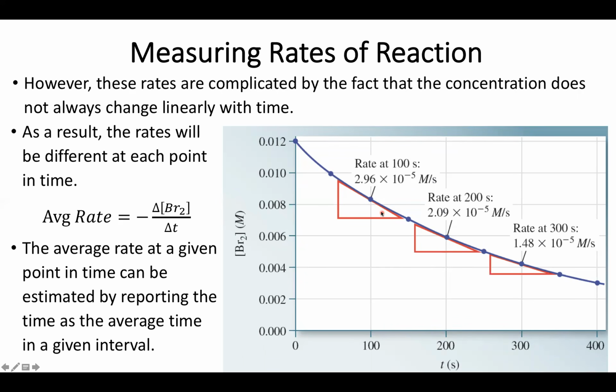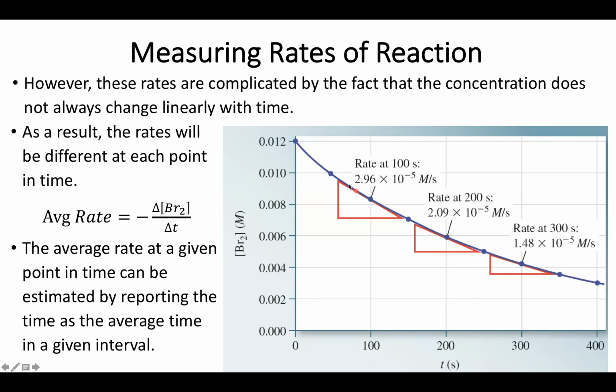Usually the best way to use this method to estimate the time is to take the average time, go say 10, 20 seconds one way, the other way, find that difference in bromine and time, and you'll get the average rate over this time interval.